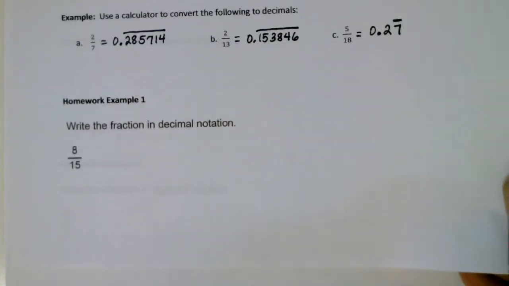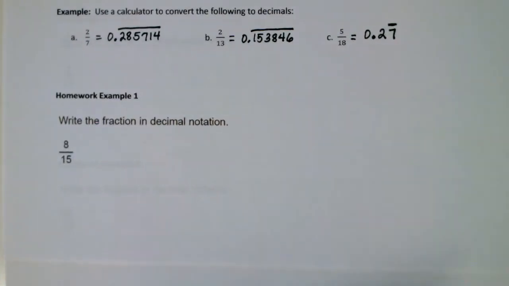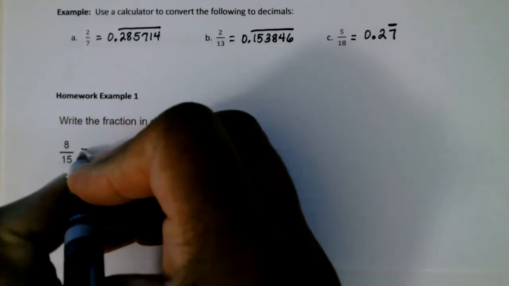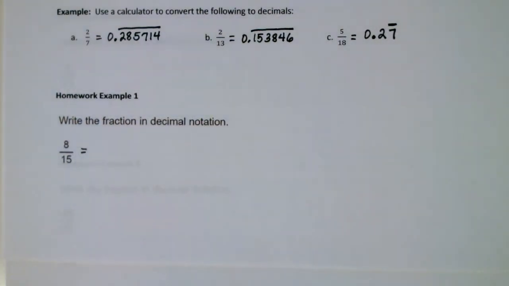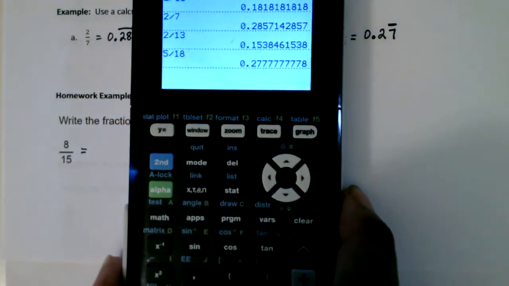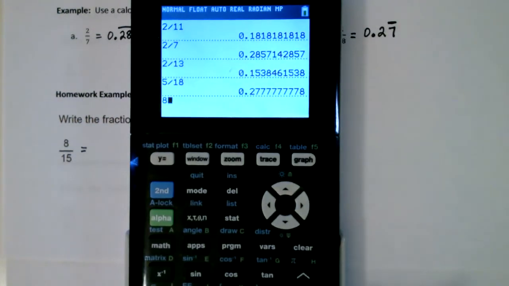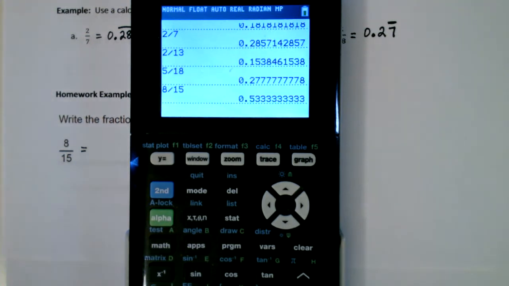All right, here's another example. Let's say I want to write the fraction in decimal notation. In this case, here we got 8/15, and I want to convert that to a decimal. So it'll be 8 divided by 15. Notice we got 0.5333, and notice that the 3 repeats.